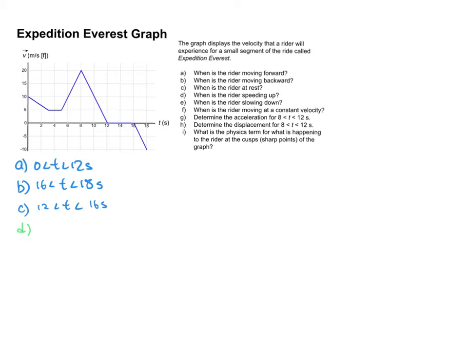Here, let me go with some green highlighting. Speeding up because if you read the numbers on the axes, it's at 5 meters per second, and then it goes up to 10 meters per second, to 15 meters per second, to 20 meters per second. As the numbers are getting higher, it is speeding up.